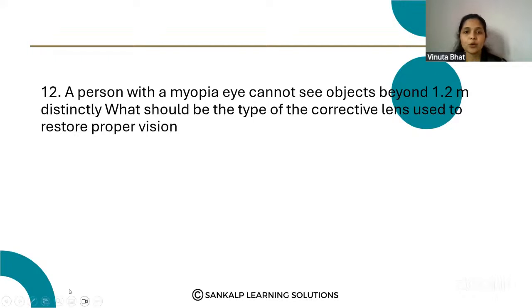Here, the myopic eye person can be cured by using the concave lens. So this type of lens, that is the concave lenses, are used for this.